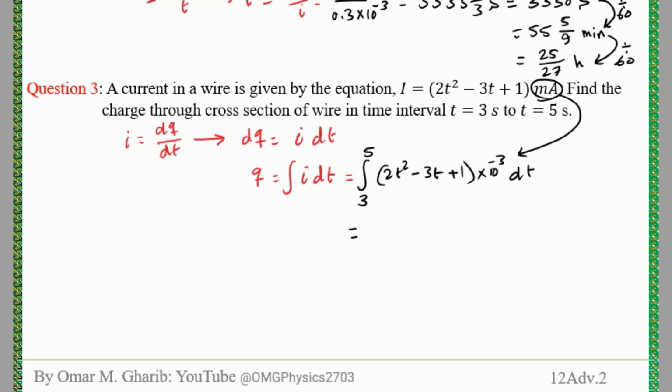The answer is 2 over 3 t cubed minus 3t squared over 2 plus t from 3 seconds to 5 seconds. The answer is 130 over 3 coulombs.